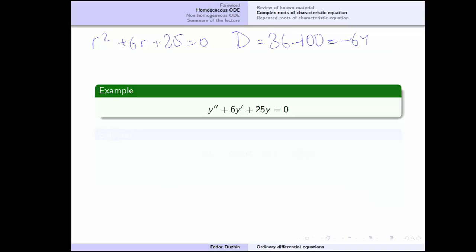So as expected, it is negative. So it means that the two roots are r1,2 equals minus 6 plus minus the square root of the discriminant, which is 8i, where i is the imaginary unit, over 2. So now we are getting minus 3 plus minus 4i.